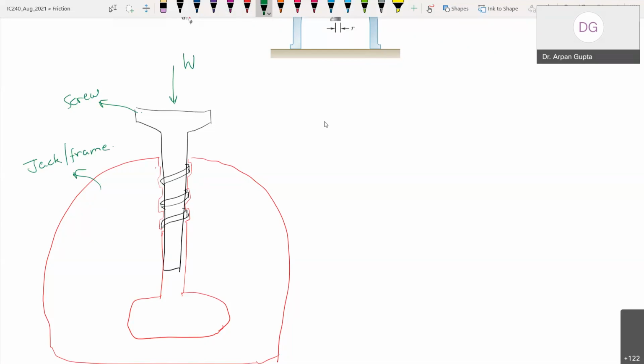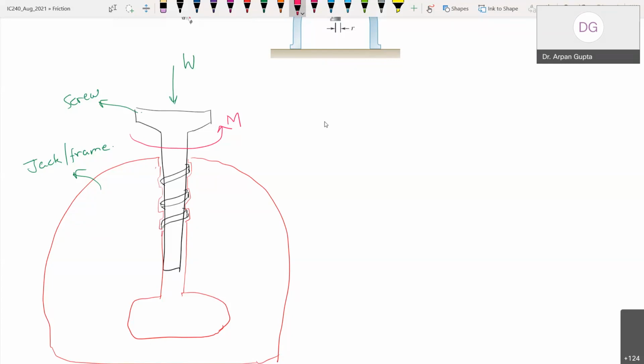If I rotate this screw by a moment M, we apply a moment M and we want to lift this heavy load W upward. So that is the objective, and we want to calculate a relationship between W and M through this analysis.